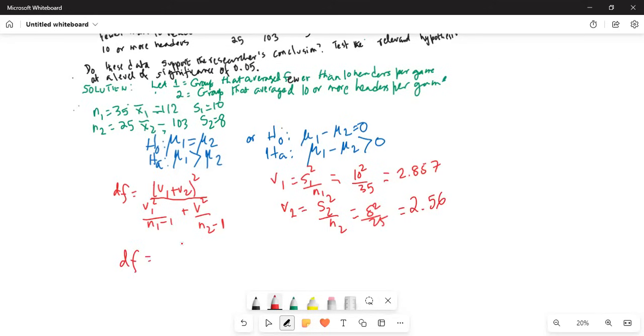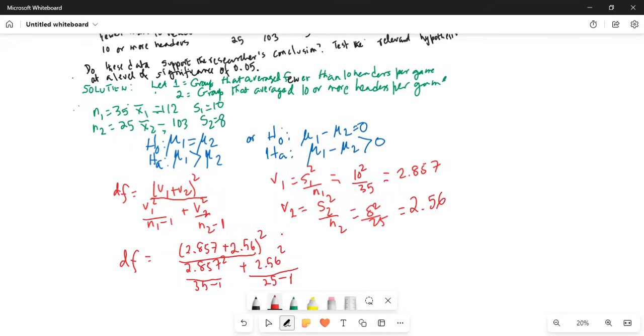V1 is 2.857 plus V2, which is 2.56, and the whole thing is squared, divided by V1 squared, 2.857 squared, by n1 minus 1, which is 35 minus 1, 34, plus V2 squared, 2.56 squared, divided by n2 minus 1. Remember, n2 is 25, so 25 minus 1.